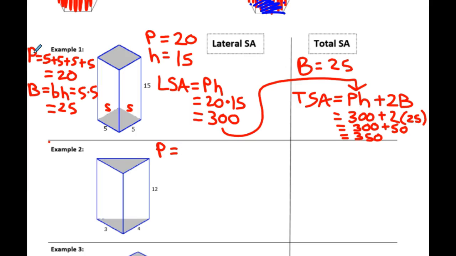All right, so capital P, we need to find the perimeter of all sides. We have a missing side. How do I find this missing side? What kind of shape is this? We have a right triangle.